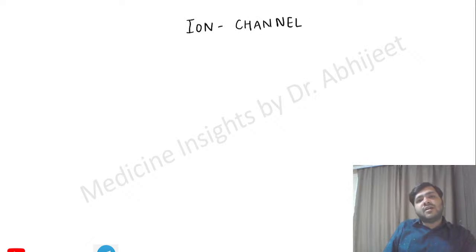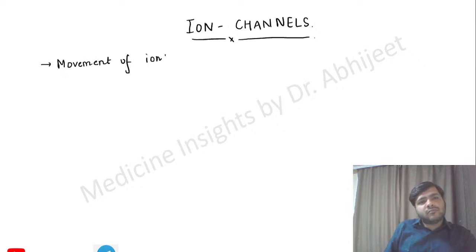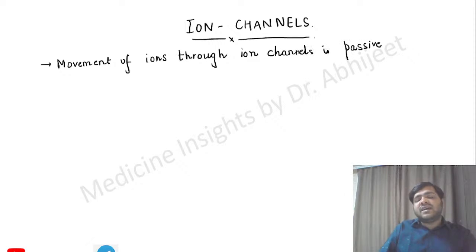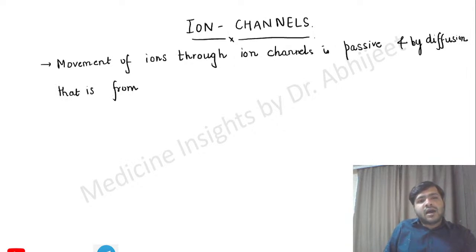Now, remember that the movement of ions through ion channels is passive. I told you, it is passive transport, and within passive, it is by diffusion, that is from higher to lower concentration.